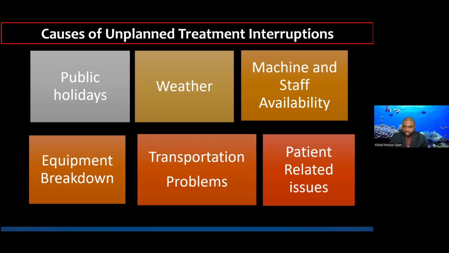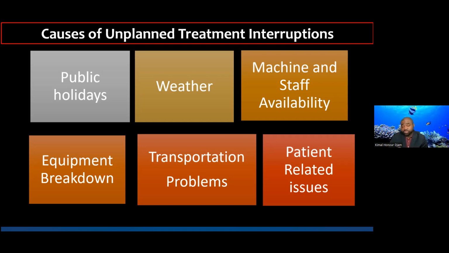We typically experience unplanned treatment interruptions, and this broadly can be categorized into two groups. You have interruptions that are independent of the patient, such as public holidays, machine breakdowns, extended service time, transportation problems, equipment breakdown, as well as interruptions that are due to the patient.